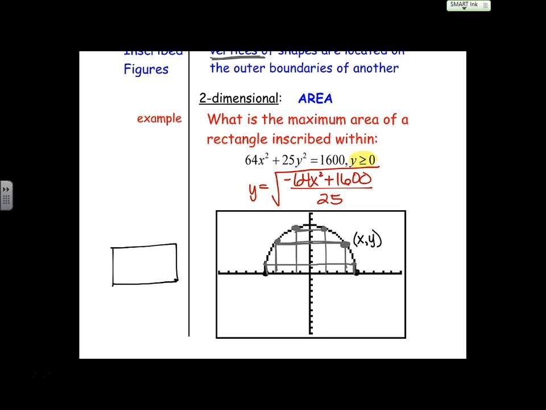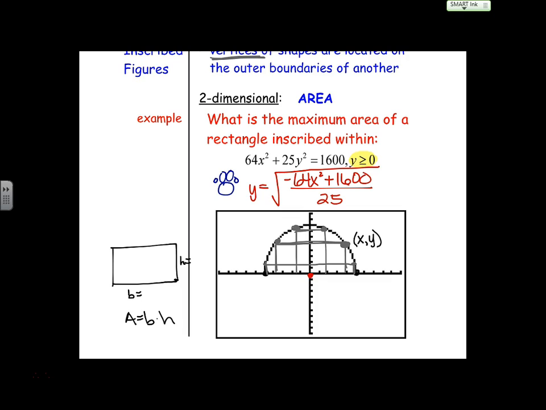Ready? I'm trying to figure out who's the base and who's the height. Because area of a rectangle is base times height. But I don't want b and h. I need x's and y's because my clue, this equation that ties it all together, needs x's and y's, not b's and h's.